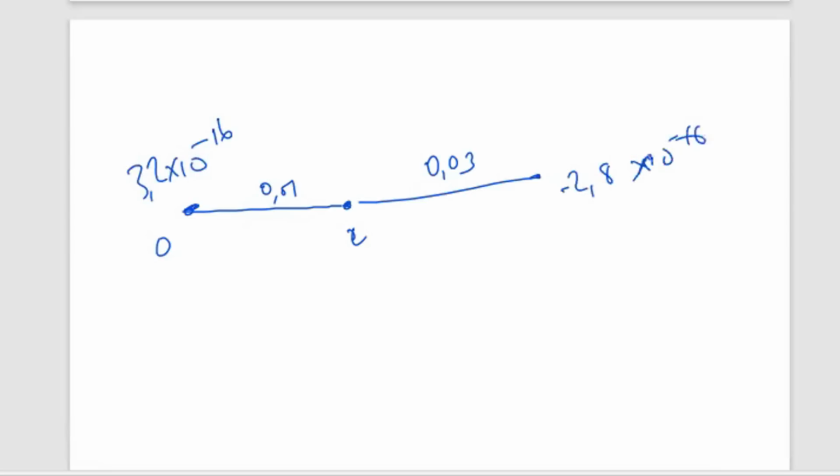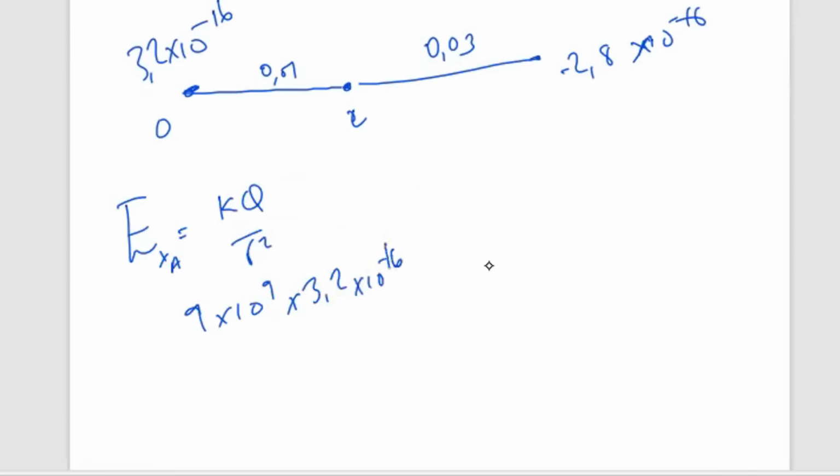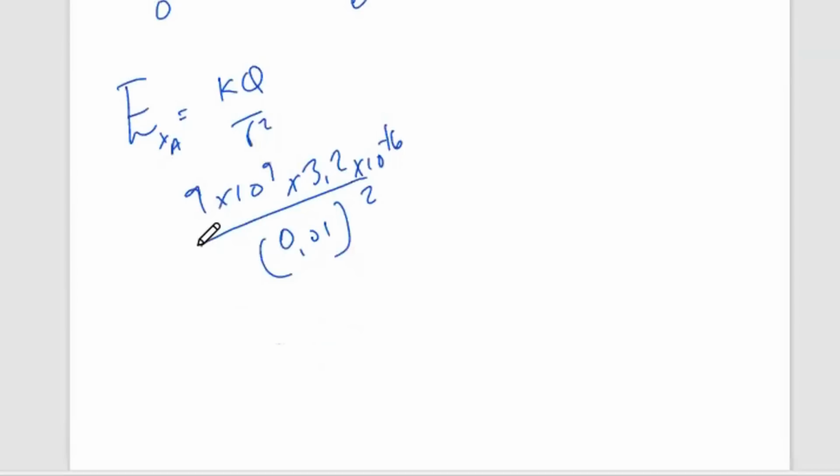All right, so let's see. We're saying the E on X as a result of A is kQ over r squared. So 9 times 10 to the 9 multiplied by 3.2 times 10 to the negative 16 over 0.01 squared. If this is a positive charge, it's going to be some repulsion.